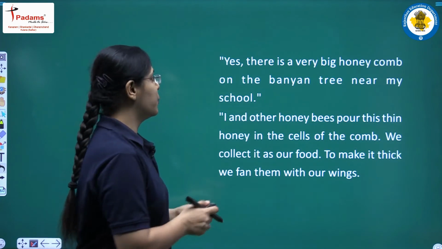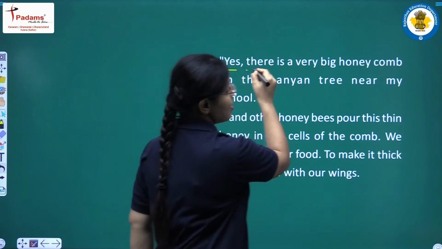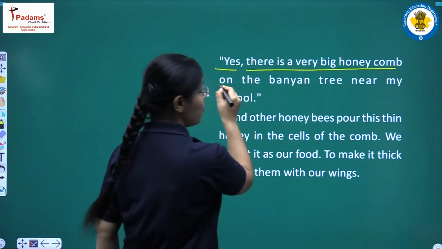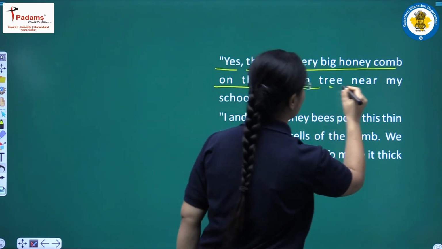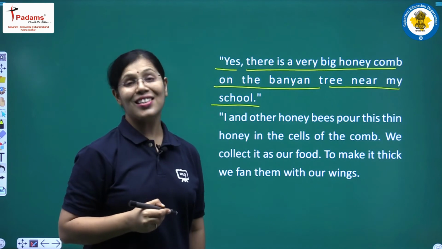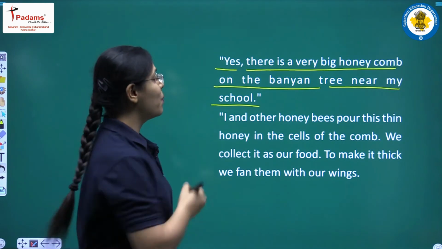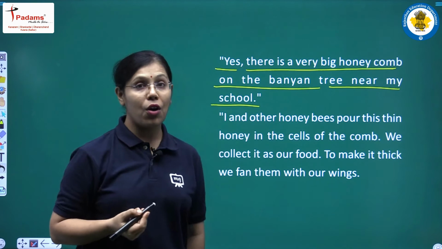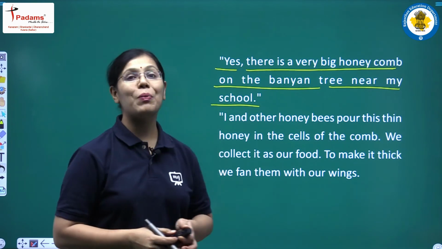Let's move next. Yes, there is a very big honeycomb on the banyan tree near my school. So, Khushi replied, yes, I have seen a honeycomb and there is a very big honeycomb on the banyan tree near my school.